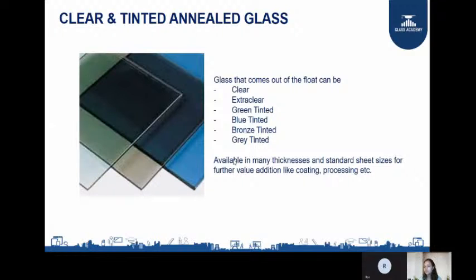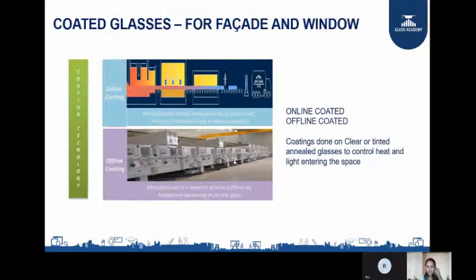If you want bronze, you have to put iron and sulfur into the raw material. If you want gray glass, you have to add iron, selenium, and cobalt. And if you want a blue substrate, you have to add copper and cobalt, right? So this is how you add these particular raw materials in the batch, and you can get whatever tinted glass you want.